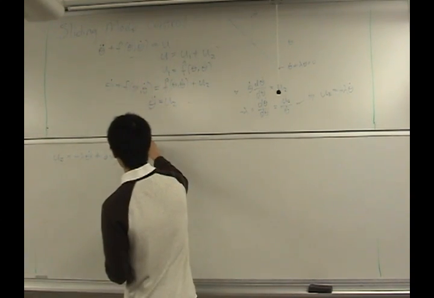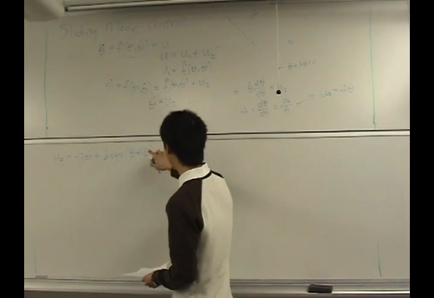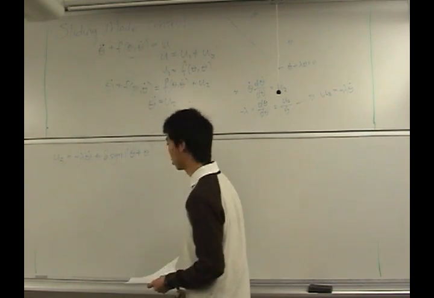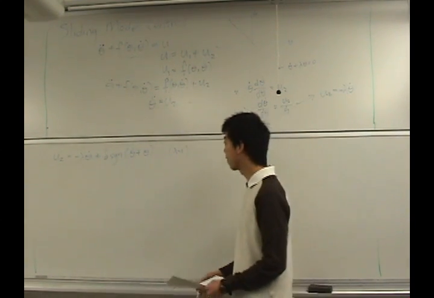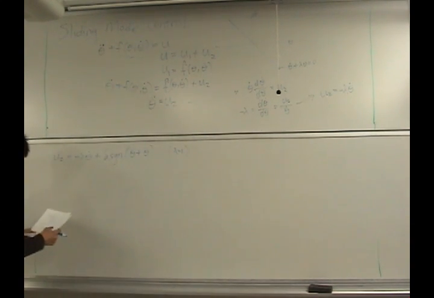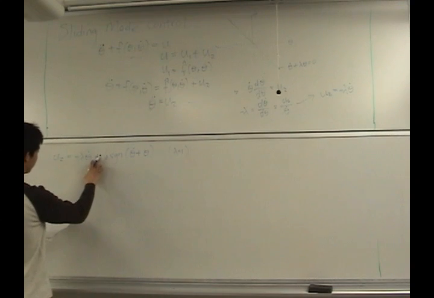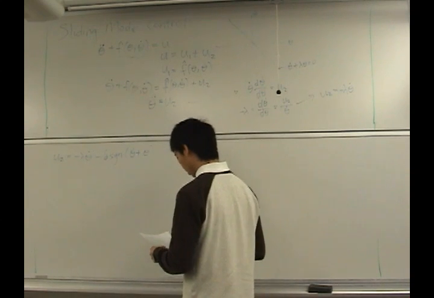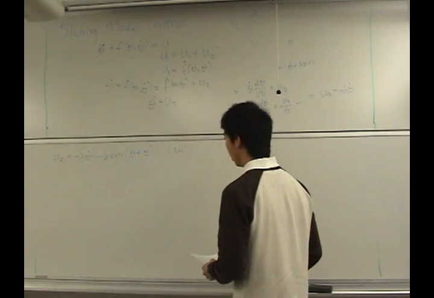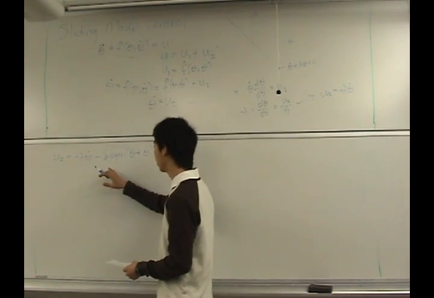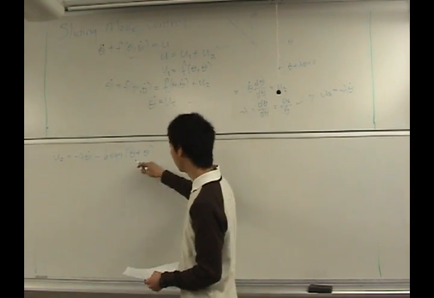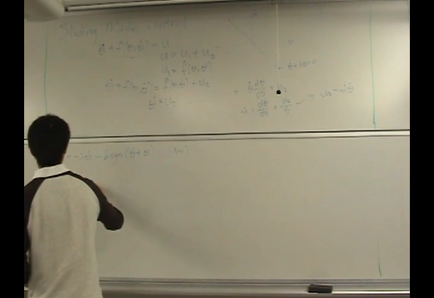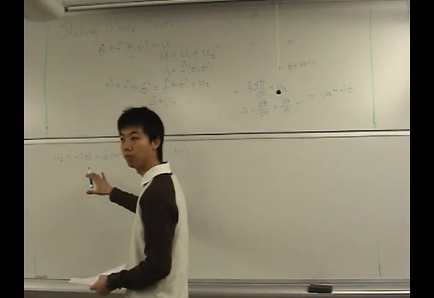So I'm saying lambda is 1. What this is going to do is, if we're off the switching line, it's going to try to push us back onto the switching line.